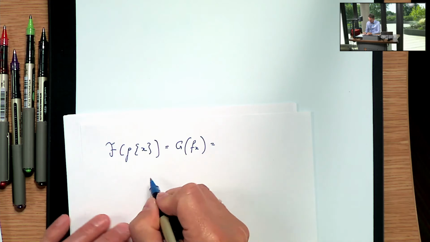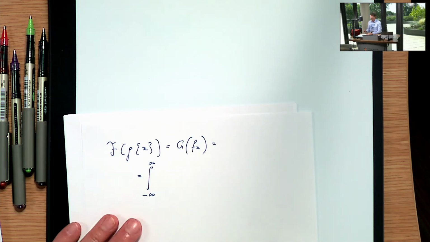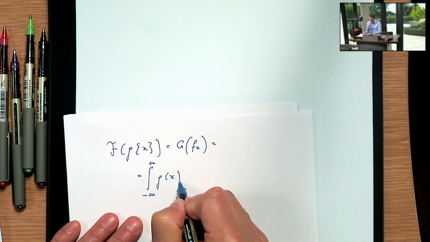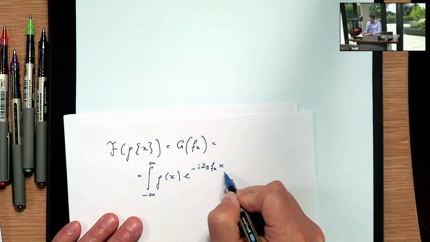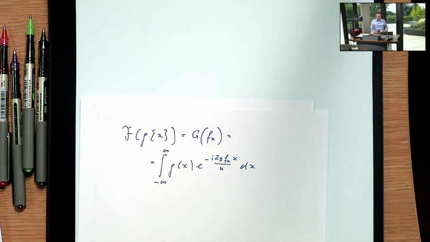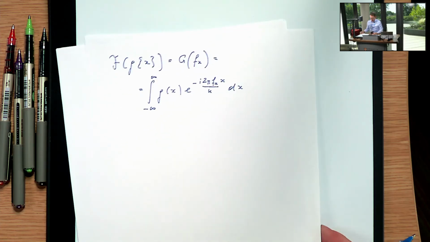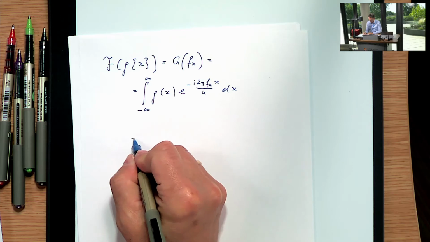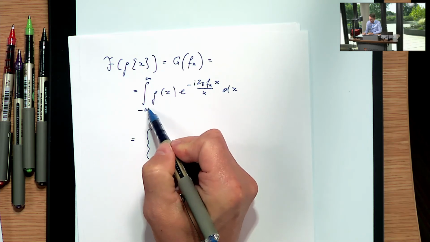The reason why I've defined f of x like that will become apparent in just a minute. It is equal to the integral of g of x e to the minus i 2 pi fx times x dx, that was the original k, remember. So if I integrate this, obviously this integral doesn't extend beyond minus p over 2 and p over 2.